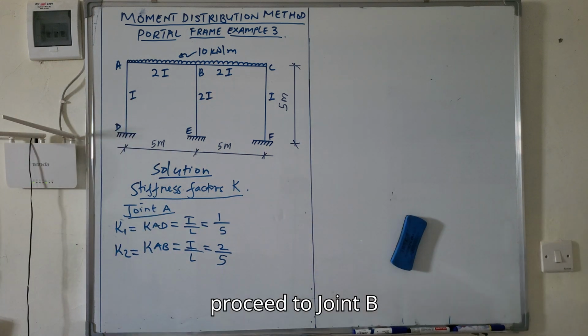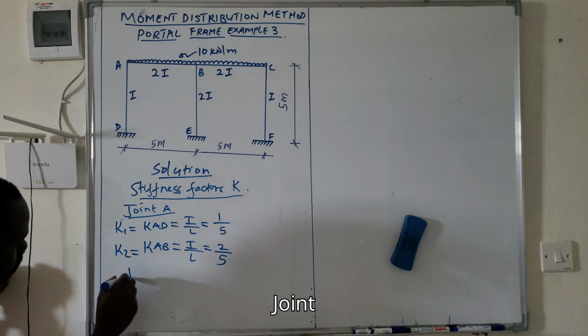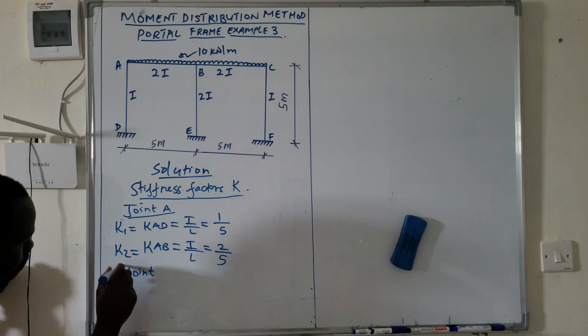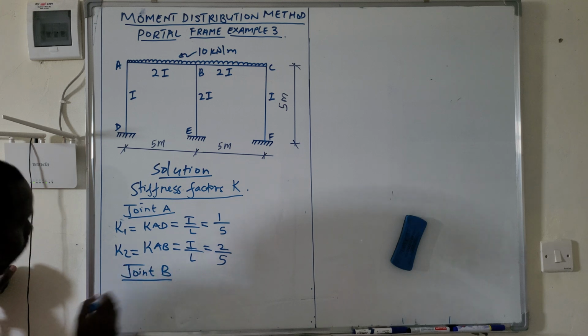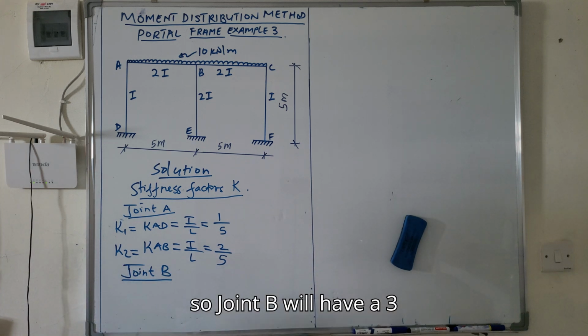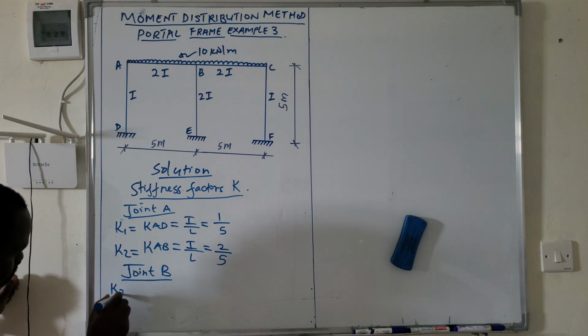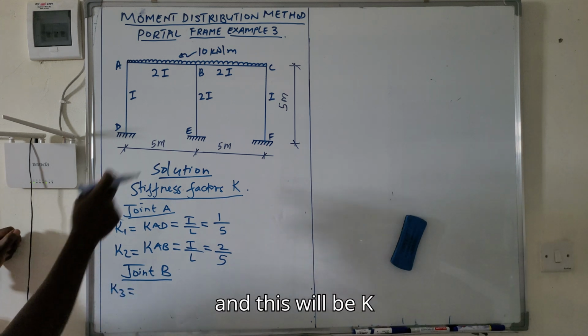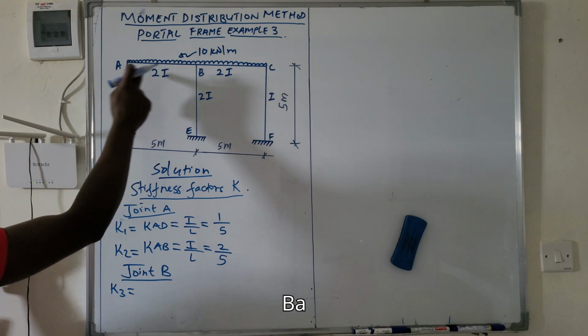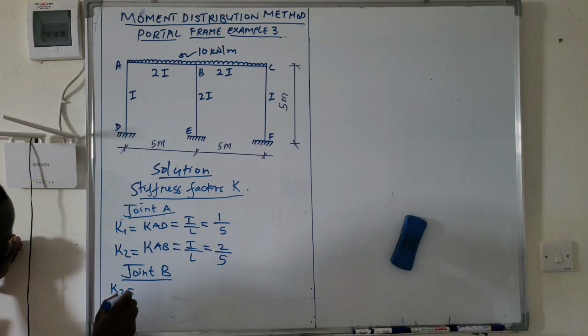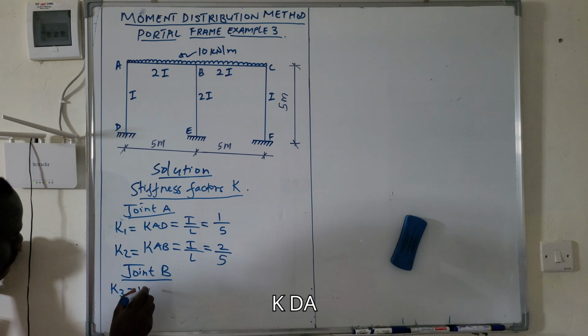We proceed to joint B. Joint B will have K3, and this will be KBA.